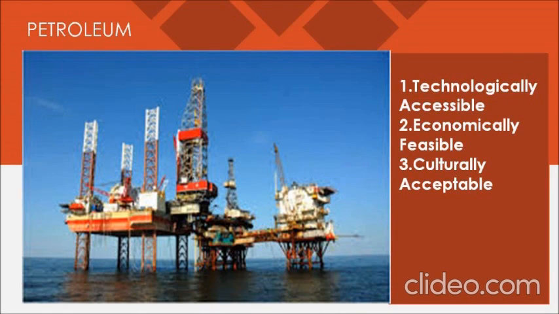Petroleum is found underground and is extracted or brought out with giant drilling machines. Okay, children? So what do the human beings do? They first of all locate the oil field. They find out the oil reservoir.